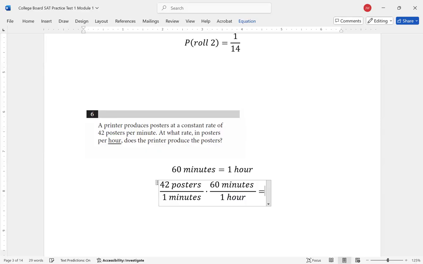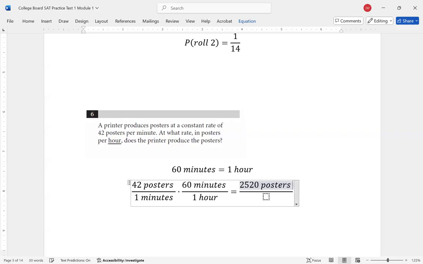And what you'll see is that this will cancel the minutes here, will cancel the minutes here. We'll get 42 times 60 divided by 1 hour when I do that. And 42 times 60 is 2,520. That is posters per 1 hour.